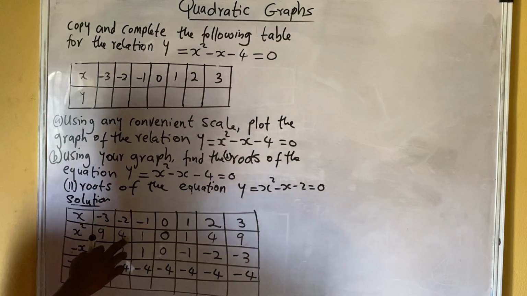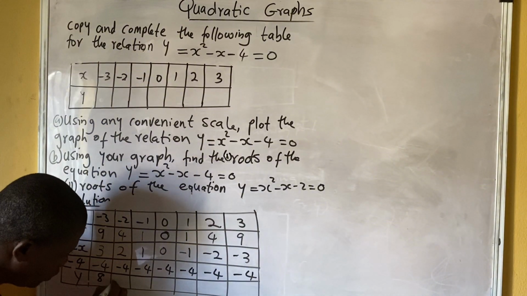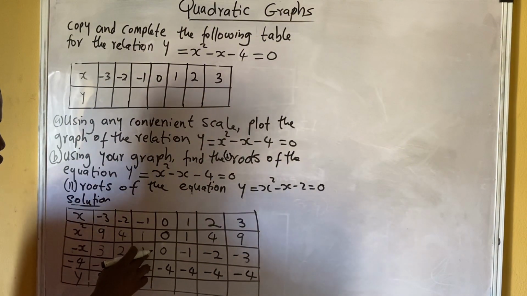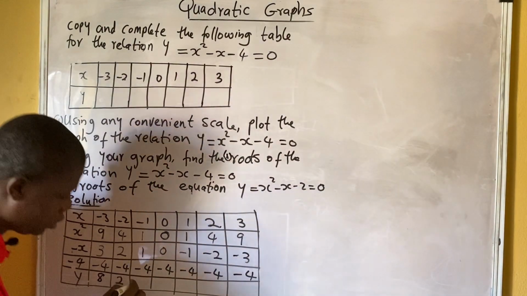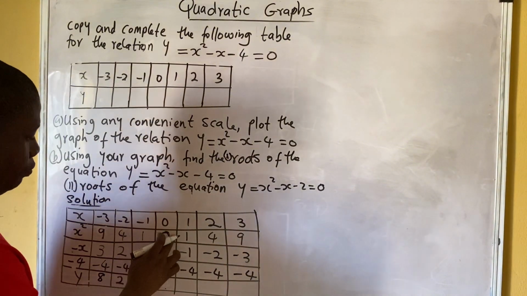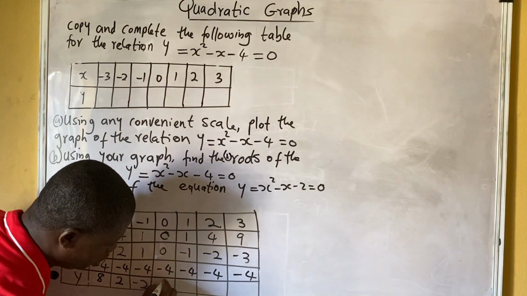Here we have 4 plus 2, that will give us 6. 6 minus 4 will give us 2. Here we have 1 plus 1 is 2. 2 minus 4 will give us minus 2. Here we have 0 plus 0 is 0. 0 minus 4 will give us minus 4.